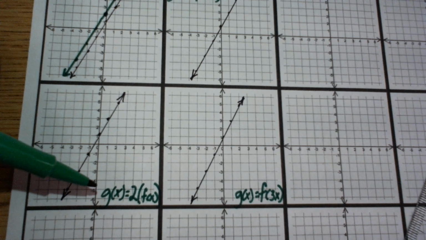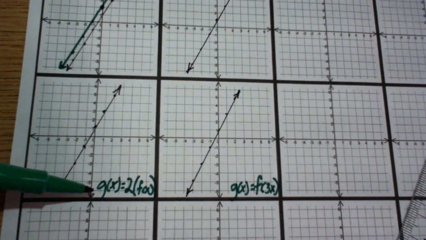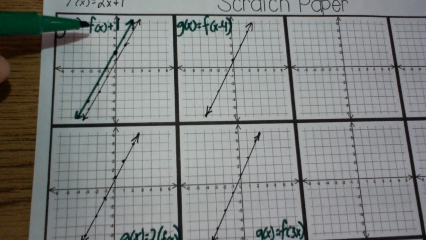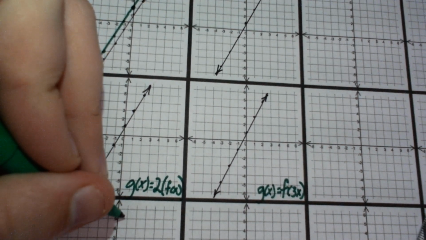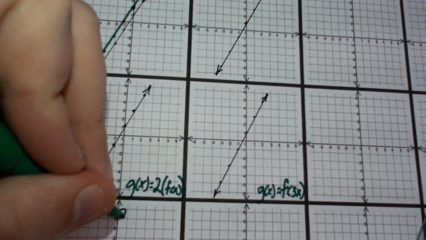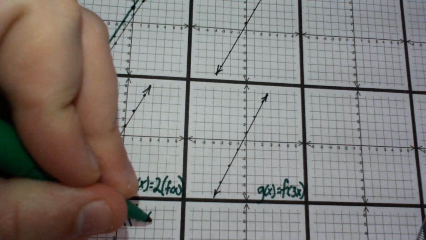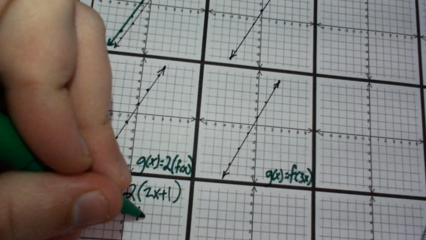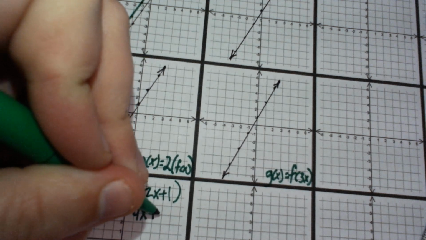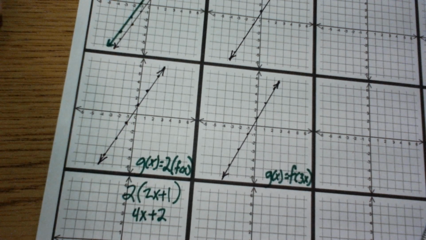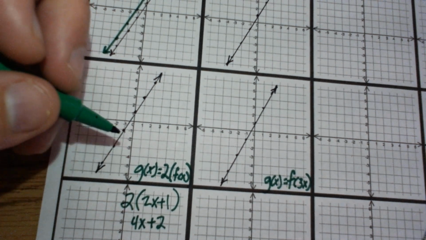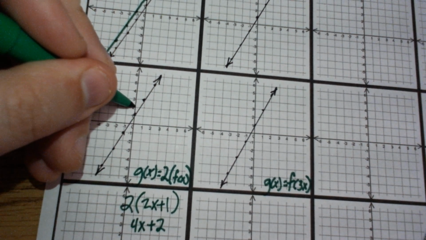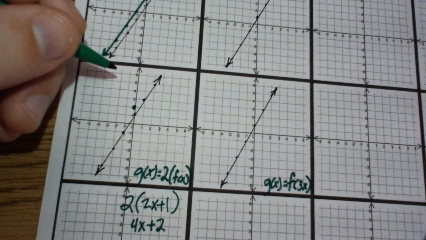Then I have down here, g of x would be multiplying f of x times 2. So I'm going to do 2 times 2x plus 1, which gives me 4x plus 2. So I'm going to go up, just up 1 again, as it doubled it.